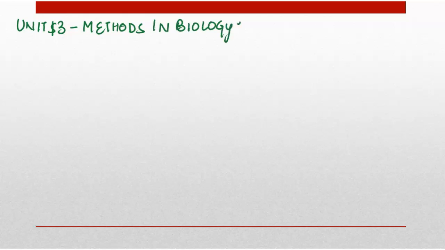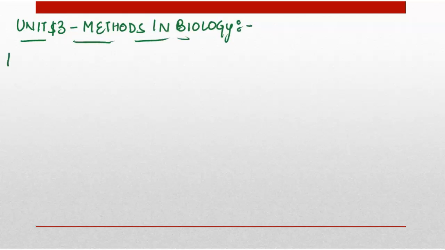Coming to the last and the most important unit of the CSIR exam, Unit 13, Methods in Biology. For some it is very easy, for some this unit is very difficult, but you have to prepare it. To score well, you have to prepare it. So let's begin the discussion on this unit.